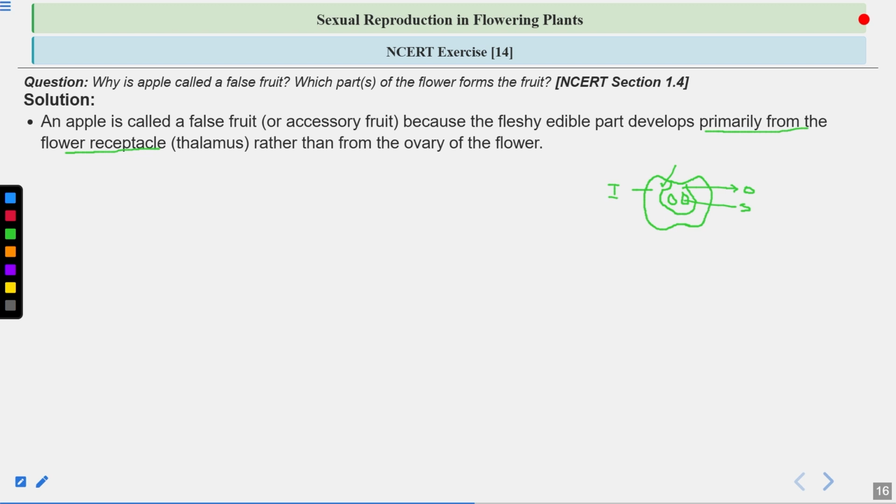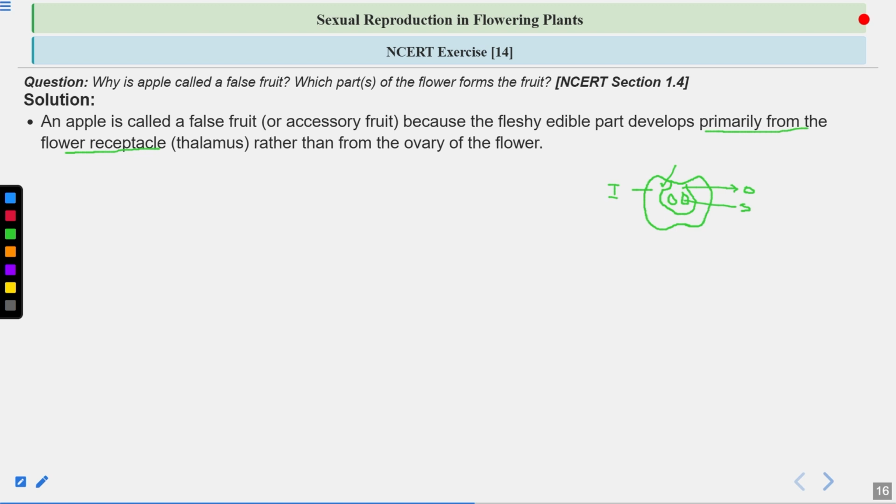Okay. Now coming to what we are discussing. You have seen the strawberry also. The strawberry also has the thalamus in which there are multiple ovaries embedded inside the thalamus of the strawberry, right?